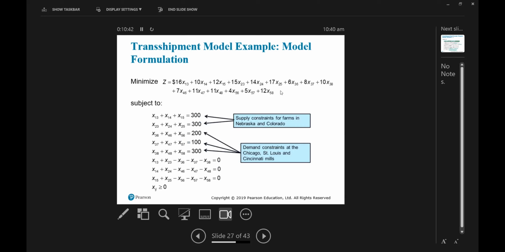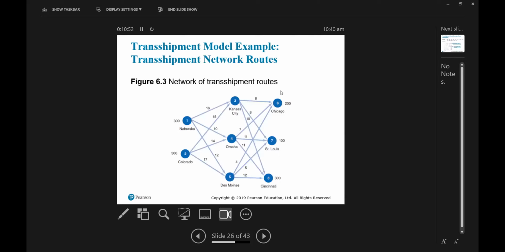Let me show you an example from the diagram. Here we're saying that everything from the source has to get to the transshipment.